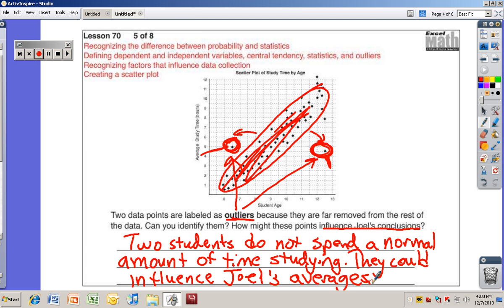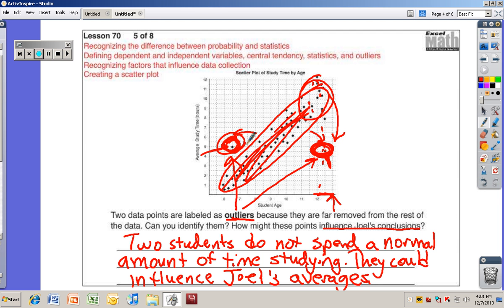So if he was to calculate an average for, say, kids that are 12 years old, kids all along here would be 12, because once they get to here, they're 13. So if you found all these points along there, this kid right here that studies hardly any time for a 12-year-old is really going to mess up the average, basically, is what's going to happen. It's going to bring the average way down.